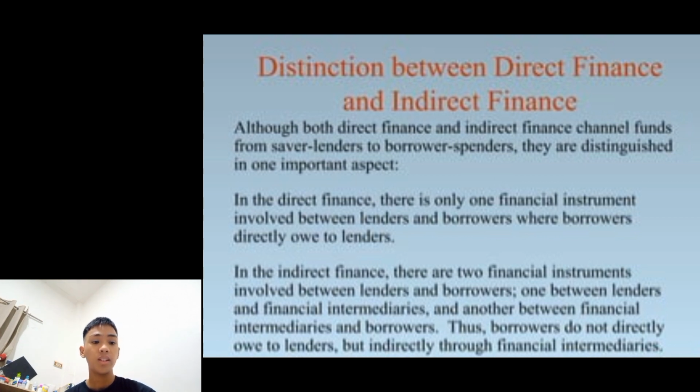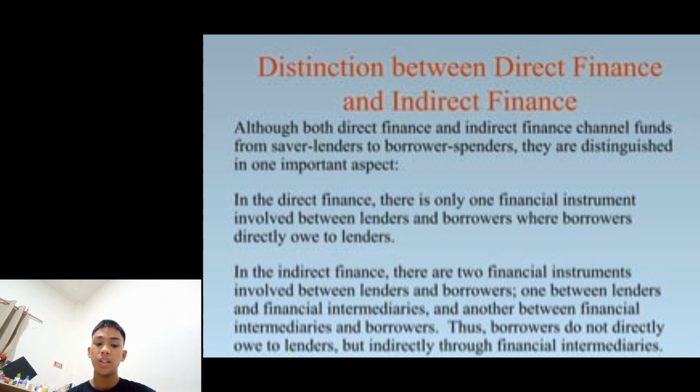Although direct finance and indirect finance channel funds from saver-lenders to borrower-spenders, they are distinguished in one important aspect. In direct finance, there is only one financial instrument involved between lenders and borrowers, where borrowers directly owe to lenders.